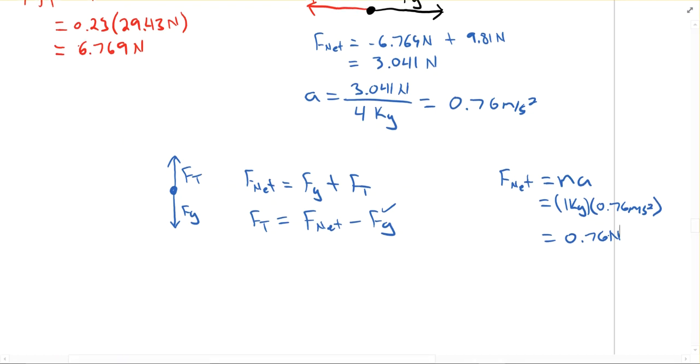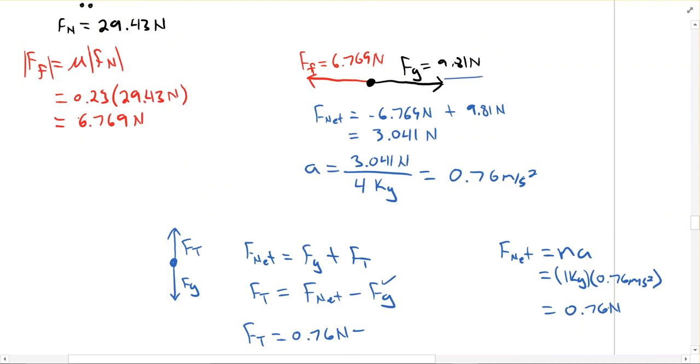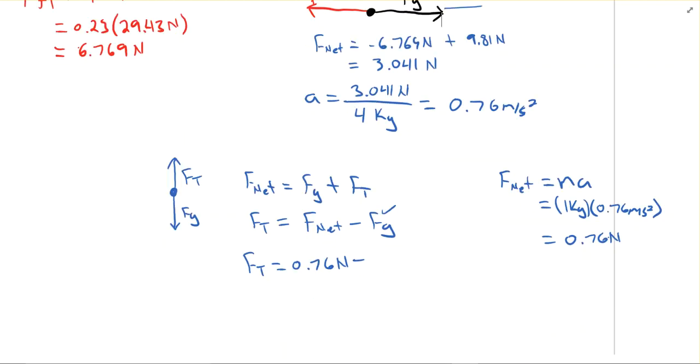All right, so let's just fill those in. So Ft is going to be 0.76 newtons minus Fg was 9.81 newtons. So Ft is negative 9.04 newtons.